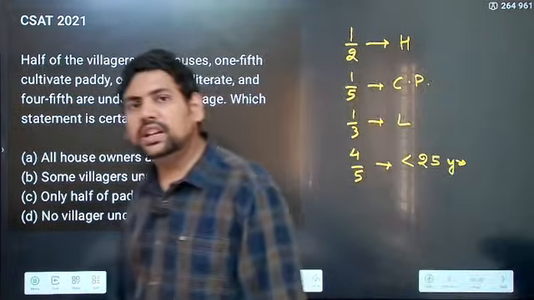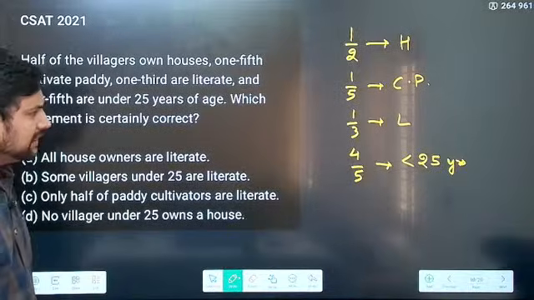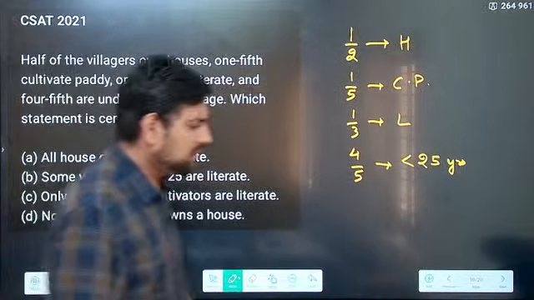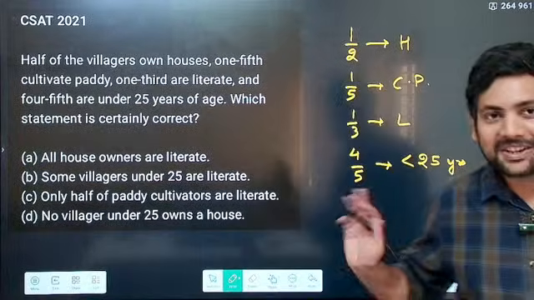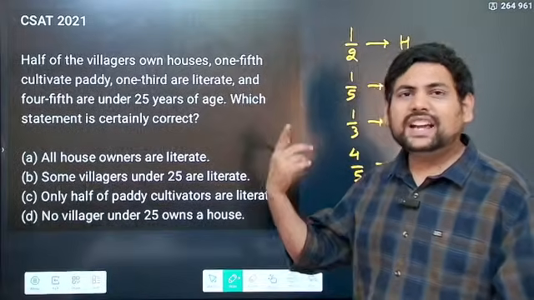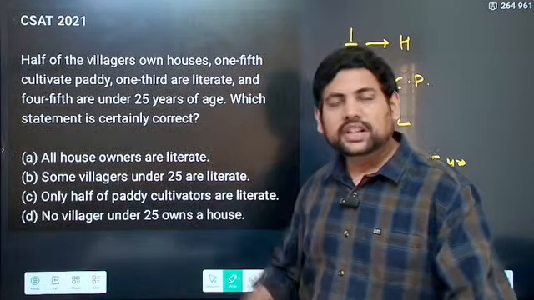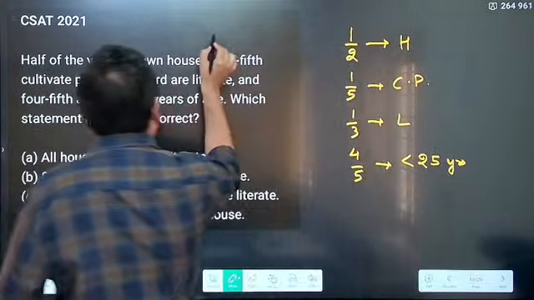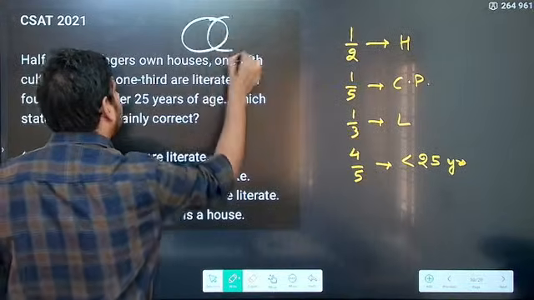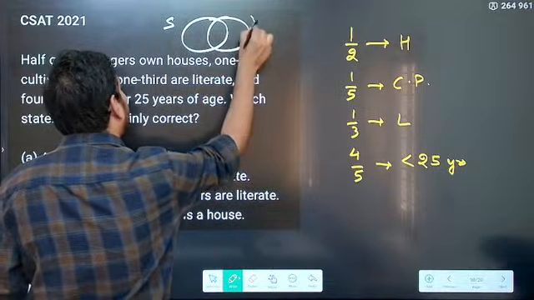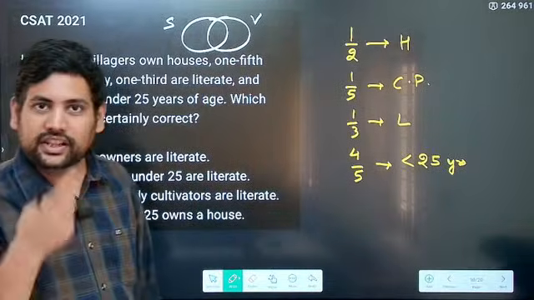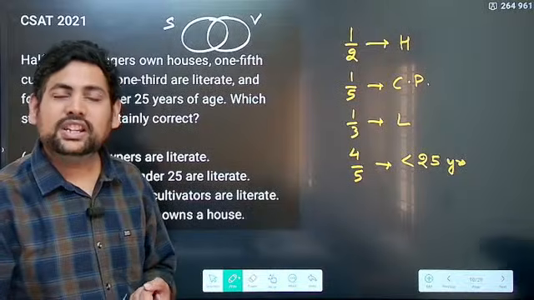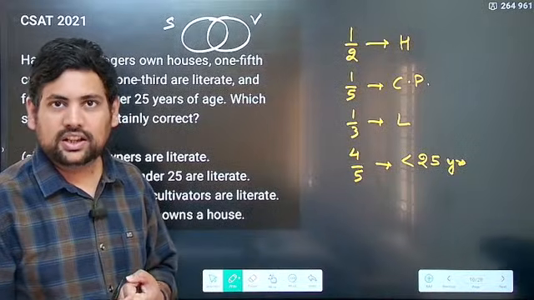What is certainly correct? Now one thing I can tell you about questions like this. If you remember the Venn diagram, the first example that we did was that I said to the class that either you have samosa or vada. Then I found out that many more samosas and vadas were taken than the number of people in the class.